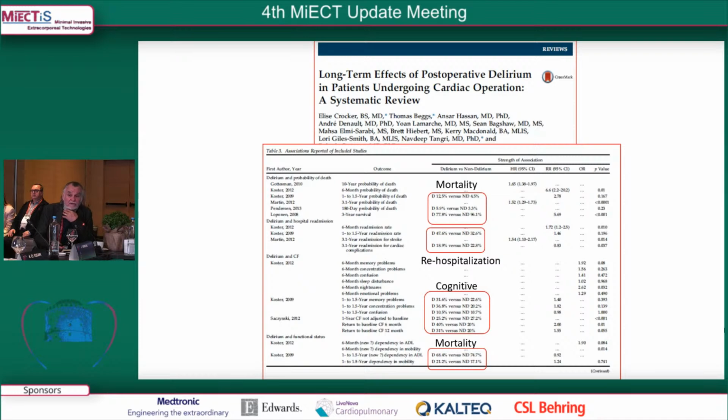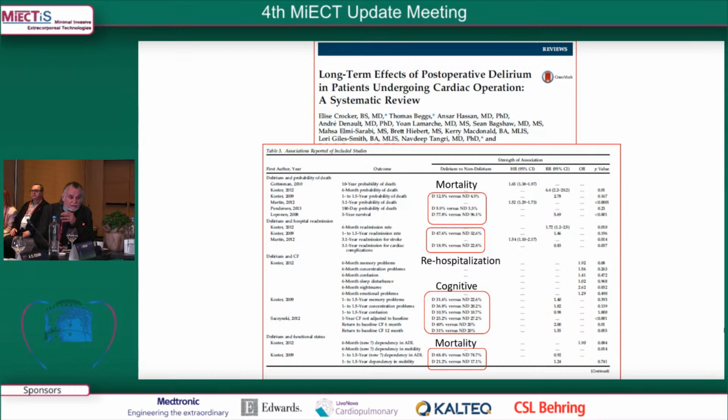And one of the other associations is that patients that do experience postoperative delirium have a much higher incidence of both early and later cognitive decline. So patients that have had delirium often demonstrate decreased performance on a variety of cognitive testing.